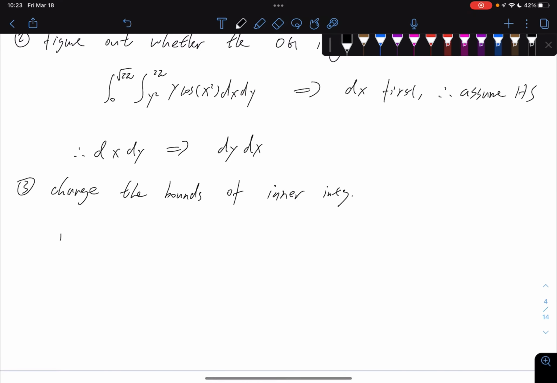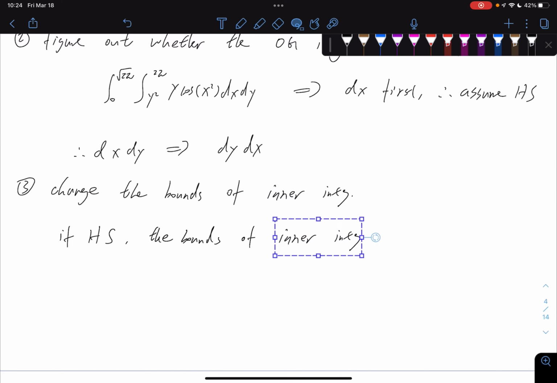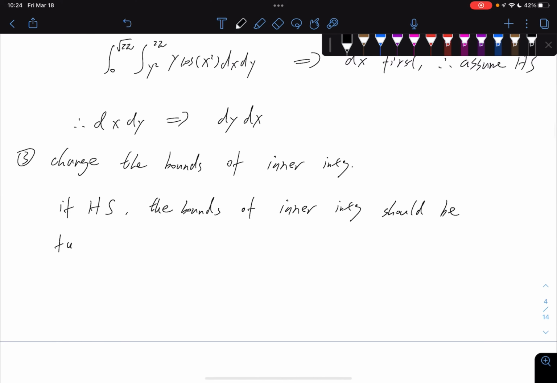If it's horizontally simple, the bounds of the inner integral should be functions of y.